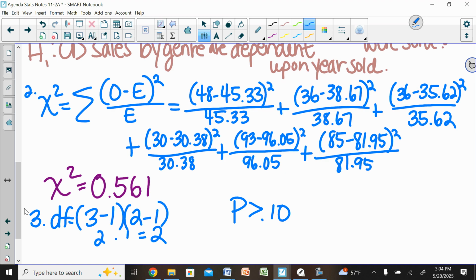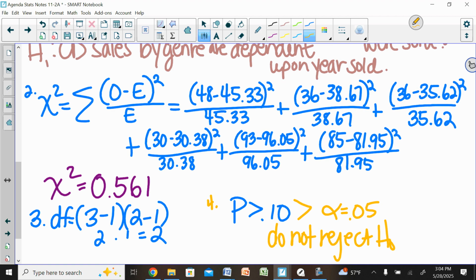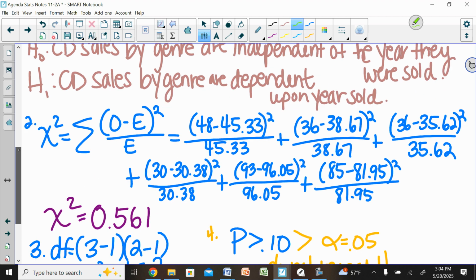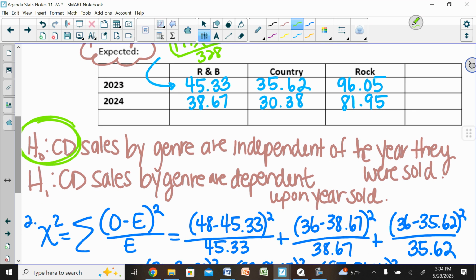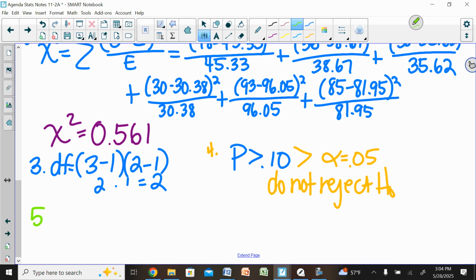So if I compare that P to my alpha, which we said was a 0.05. Remember, these are always one-tailed. We're not going to do alpha over 2. My P is absolutely greater than my alpha, which means I am not going to reject H sub O. If we think about this, if I'm not going to reject H sub O, that means I am agreeing that CD sales are independent of the year in which they were sold.